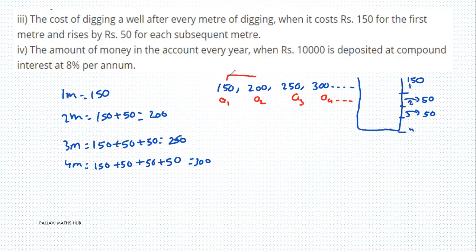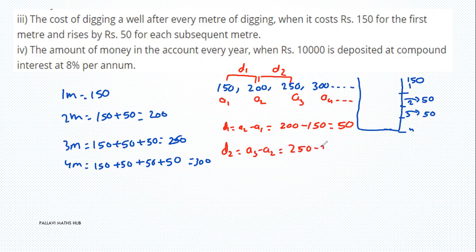Now find out D1. D1 is equal to A2 minus A1. A2 is 200 minus A1 is 150, which is equal to 50. Now find out D2. D2 is equal to A3 minus A2, which is 250 minus 200, which is equal to 50. Similarly, find out D3.